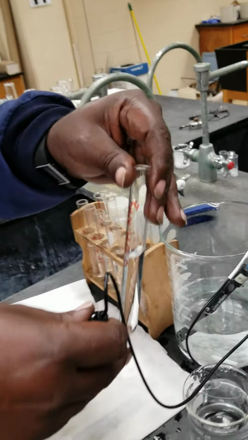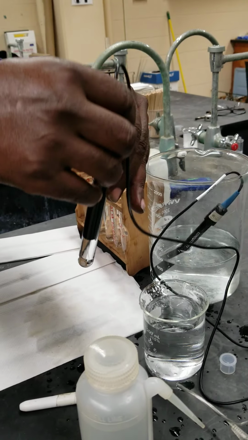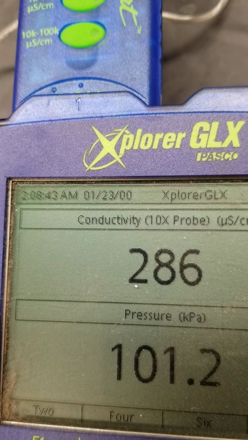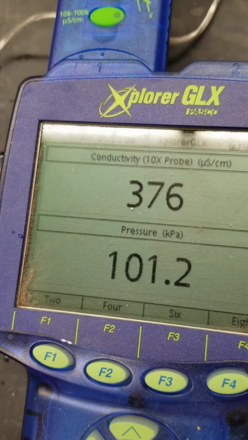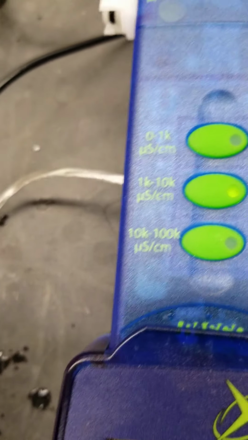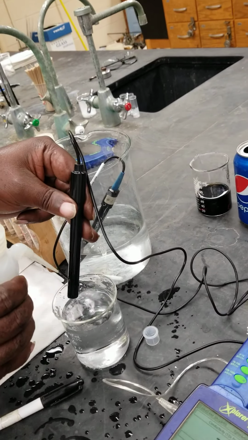Ammonia. 0.10 NH3 ammonia aqueous. Much lower value. I'll go to less sensitive scale. 376 microsiemens per centimeter for ammonia. Way above the baseline. The baseline is for water, 30 microsiemens per centimeter.